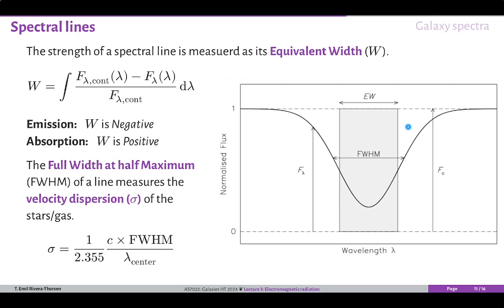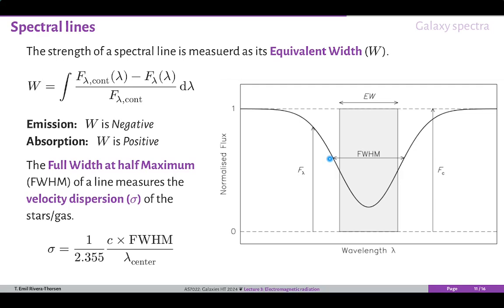Another important way to describe a spectral line is its full width at half maximum, as we can see here. If we look at the line from before, it is where you take the value at its half maximum, so halfway between the continuum and the peak of the line, and then you measure how wide the line is at that value.